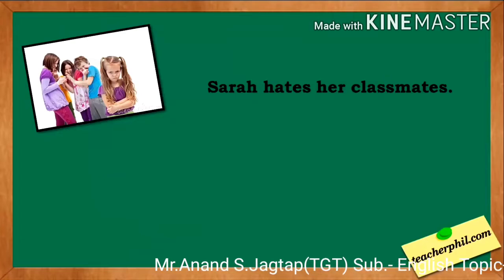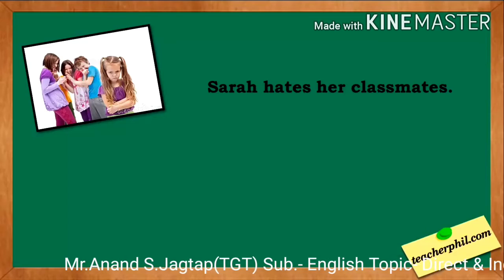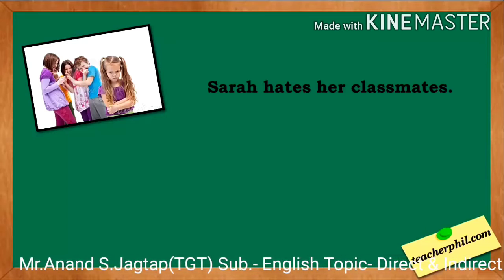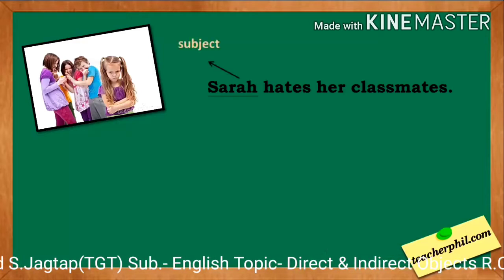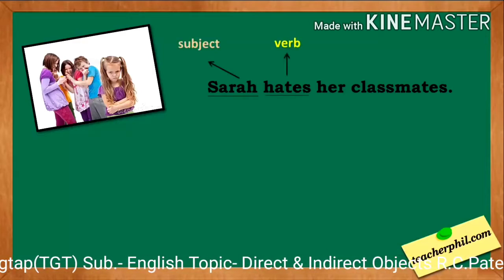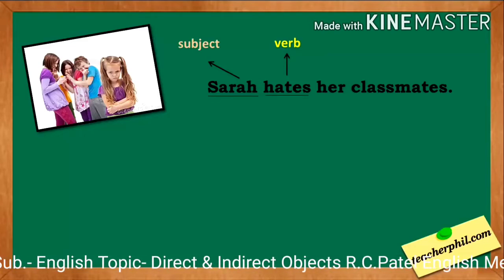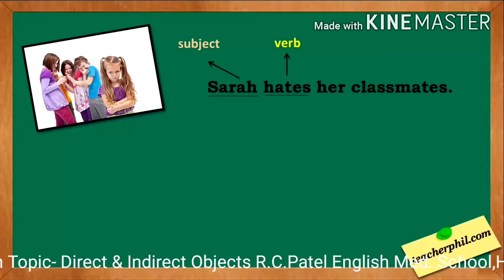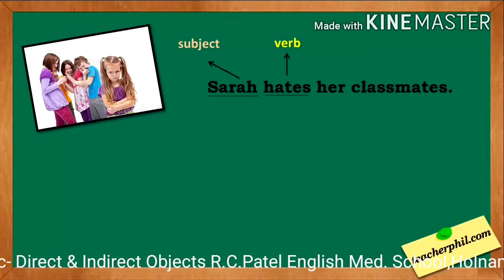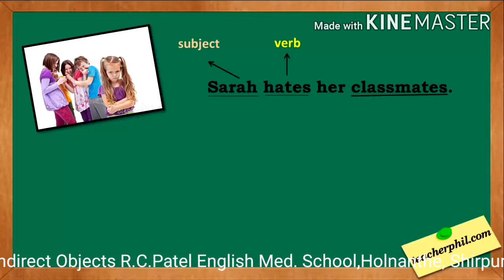Now, next example, Sarah hates her classmates. As I said, we have to identify the subject and verb. Sarah is subject, hates is verb, and classmates is direct object. Why? Because it receives the action that is hates. So the classmates are being hated by Sarah.